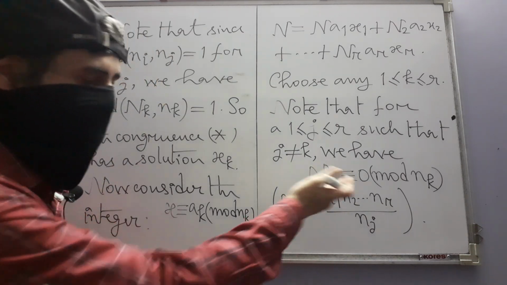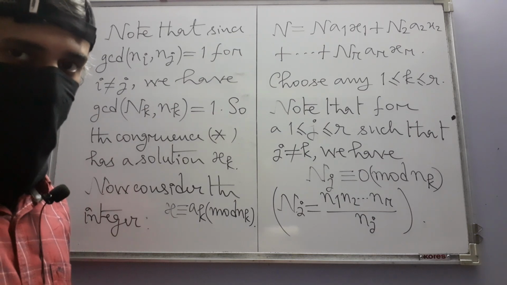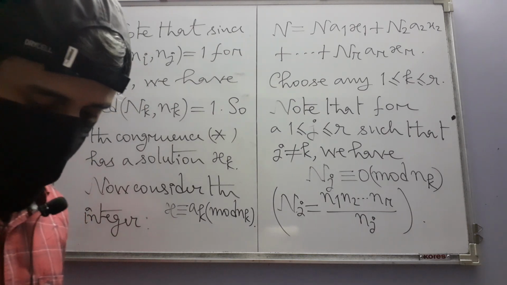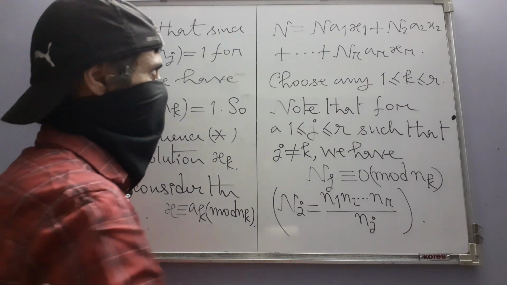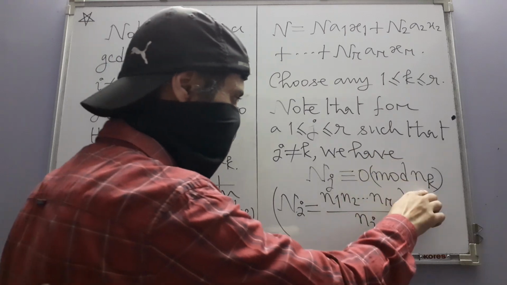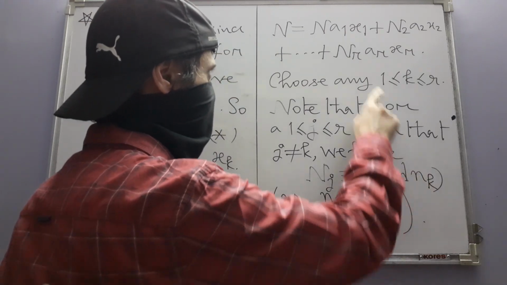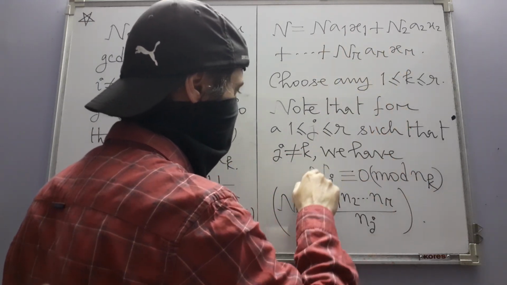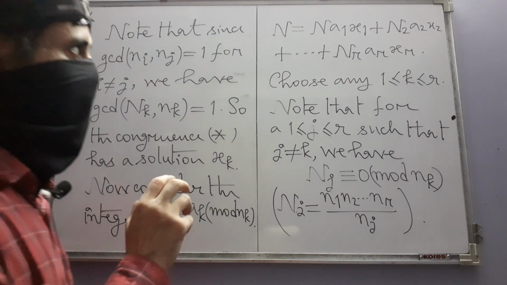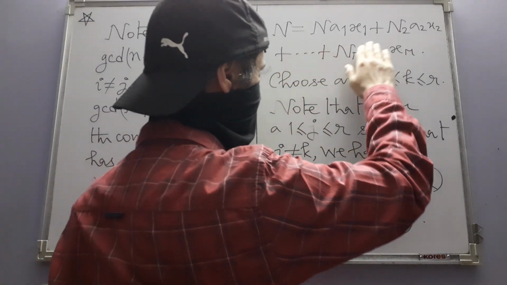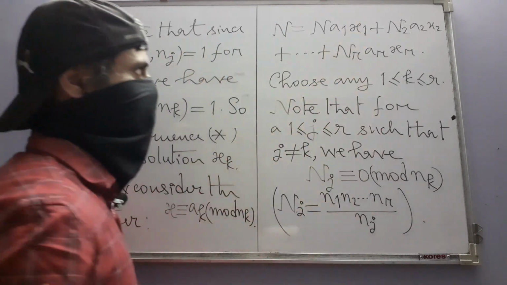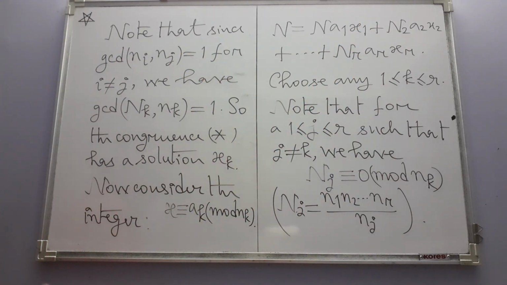That's what we have written in congruence form. Nj is congruent to 0 mod nk. This means that if you start calculating what N is congruent to modulo small nk, those terms that contain these Nj's will vanish because of this congruence. In other words, almost everything on the right hand side vanishes except the kth term, right?